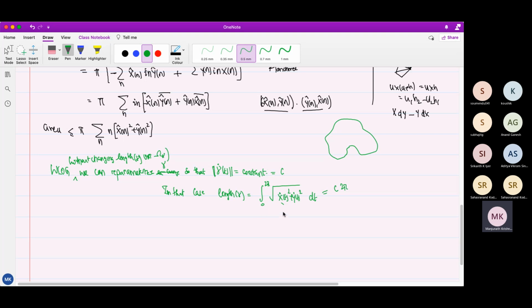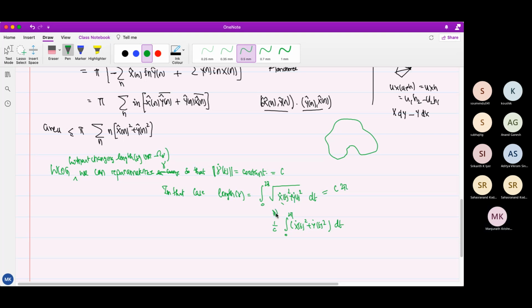Another way to write it, since this is always c, the trick I will use is that I can pull out a 1 by c and write it as the integral from 0 to 2 pi of x dot of t squared plus y dot of t squared dt. Is it okay? Because this is always the constant c.